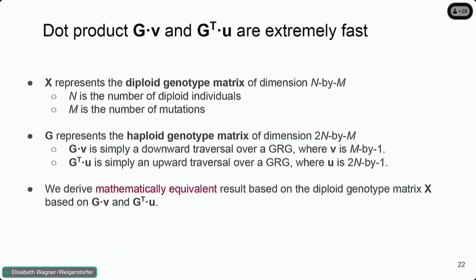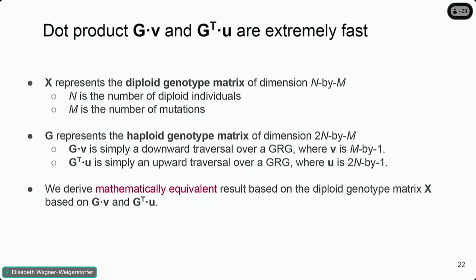But how about computation? In GWAS, what people care about is computation based on the diploid genome, because we have phenotype measured based on the diploid genome. But what we represent as a graph is the haploid genome's information.